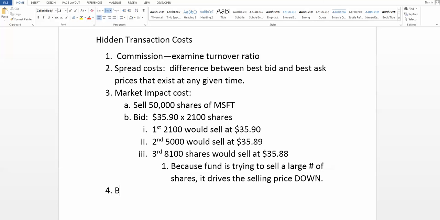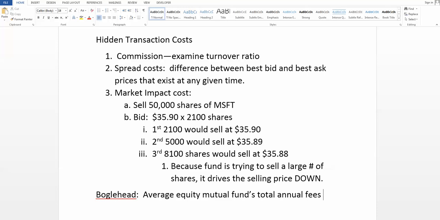According to Boglehead, the textbook, the average equity mutual fund's total annual fees, and this includes the management fee, the 12b-1 fee, all those fees that are listed in the prospectus, along with all those hidden transaction costs that are not listed in the prospectus, average about 3.3% annually.